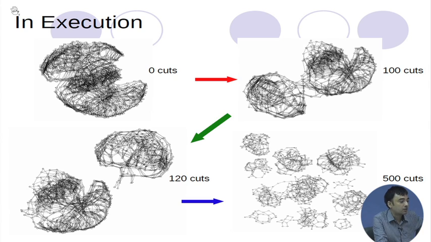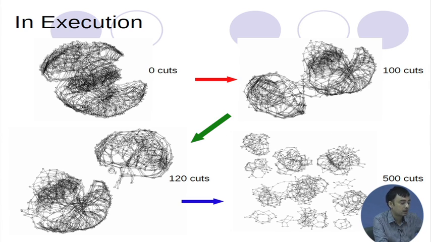So, they started with this particular network here. If you look at the slides, when there are no cuts in the network, this is how the network looks. After 100 edges with top betweenness centrality have been removed, the network looks like this.